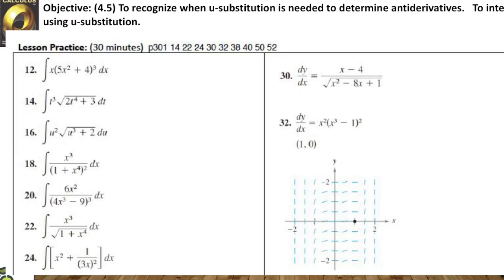All right, so I have a couple problems I want you to try with u substitution. 14, 22, 24, 30, 32, 38, 40, 50, and 52. Give these a try and then check through your answers.